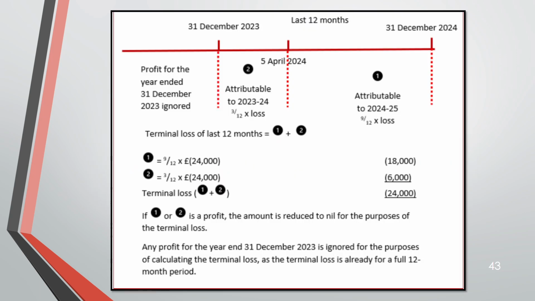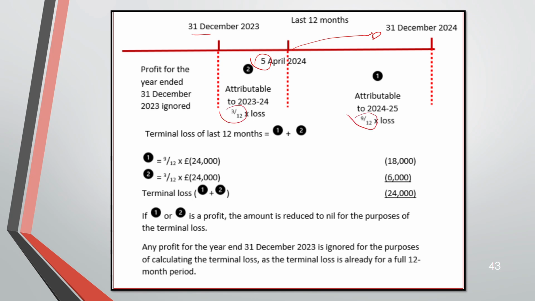So if you see, what happened here? Can you see this timeline? From 31st December to 5th April, and from 5th April to 31st December: 3 months here, 9 months here.